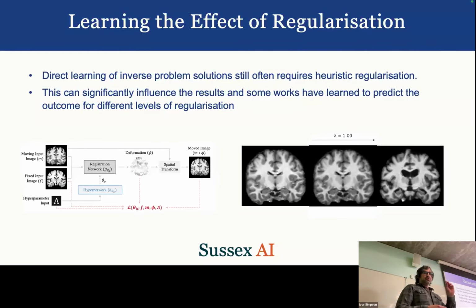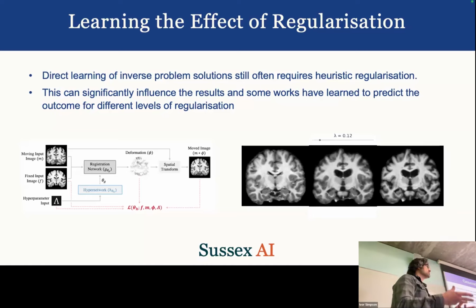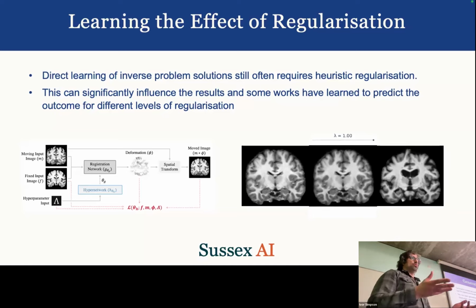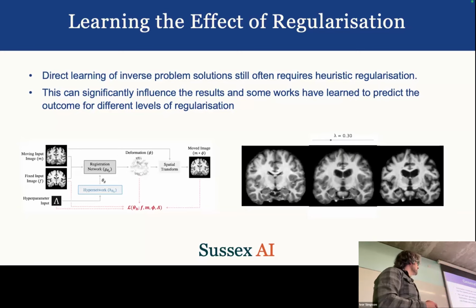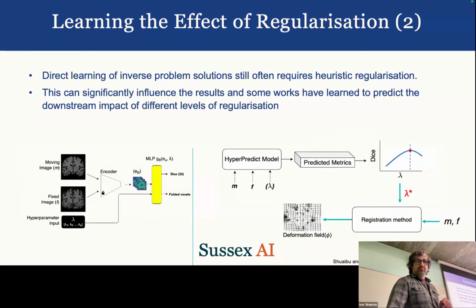Now, if we're in a situation where we do have access to a good selection of these latents, so high resolution images or high quality MRIs, then we can train a generative model and use that as a regularizer. So this has become quite popular.